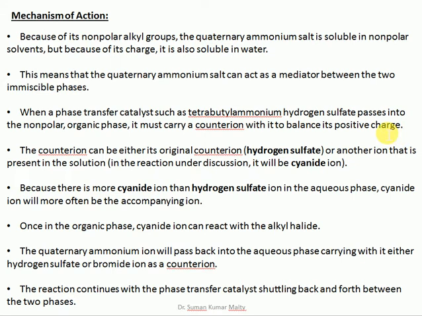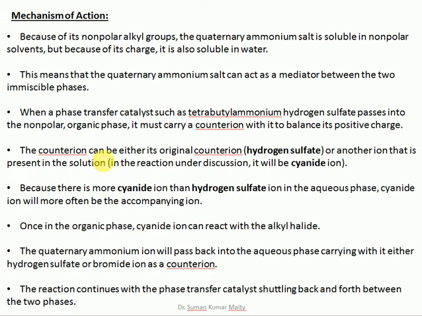That means because it is a charged compound, it will stay in the aqueous phase, but it can also migrate to the organic phase. Then it will take a counter ion with it to maintain charge neutrality.